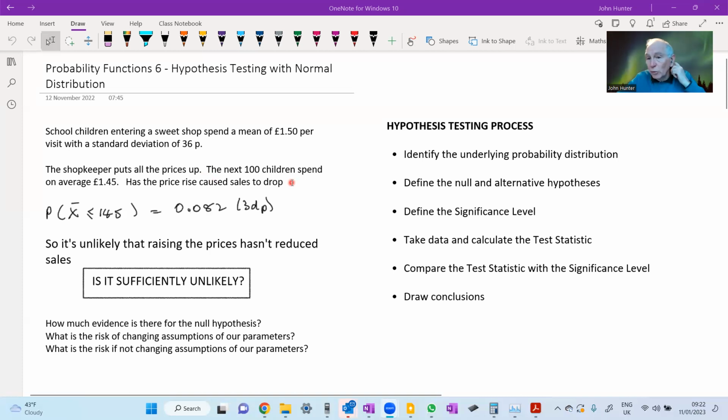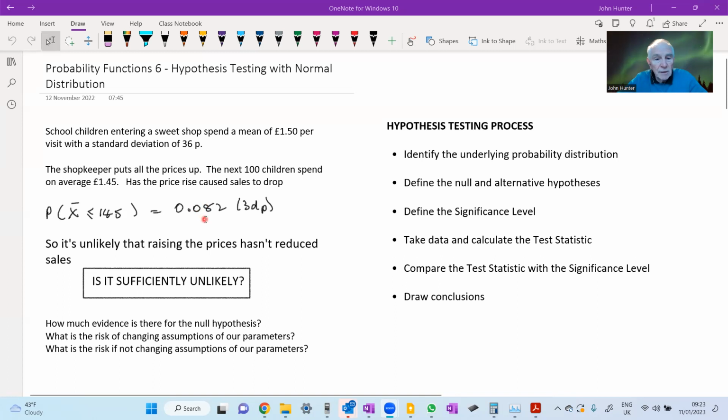We've done this before, in the previous video. Assuming you have seen the previous video on the normal distribution, what we calculated is the probability of getting an average of £1.45, and this is a fairly low figure.